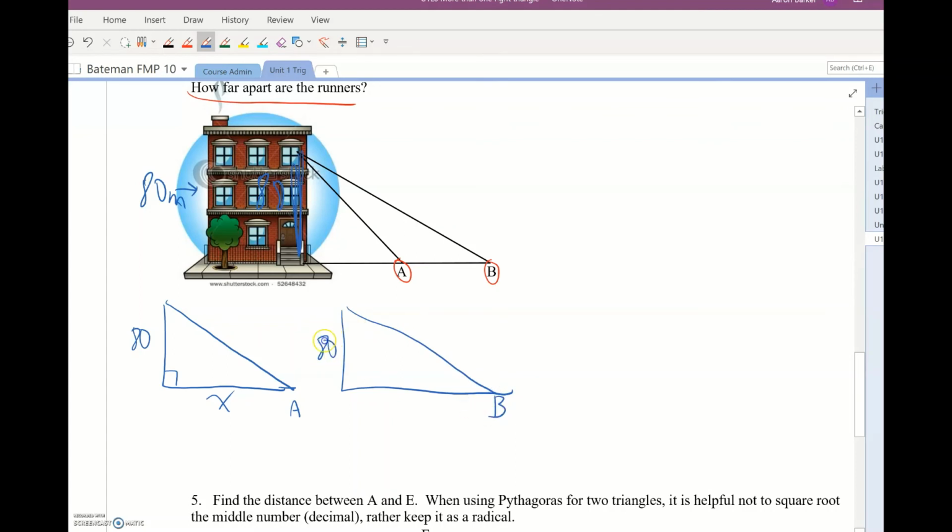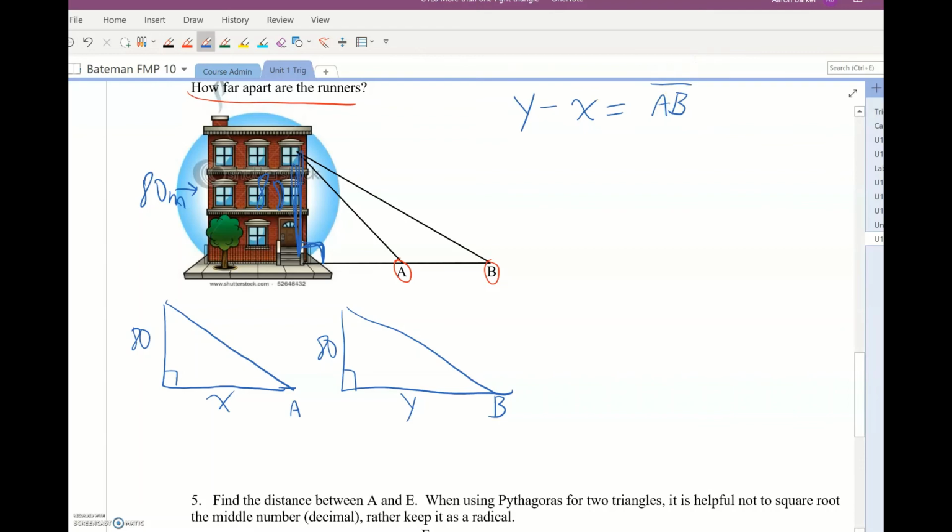So this is 80, this is still 90, because buildings meet the ground in perpendicular angles. And we're going to find Y. And then what we will do is we will go the entire distance minus X will equal AB, the distance between A and B. Okay, so that's kind of our goal here.